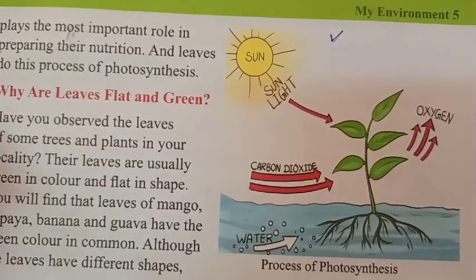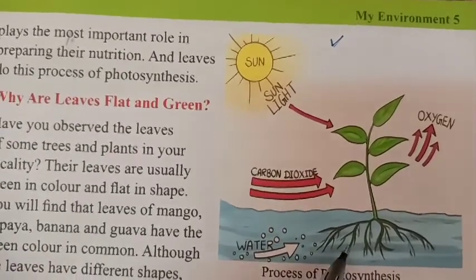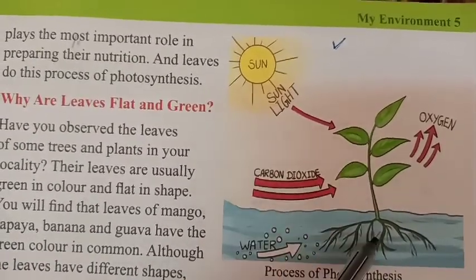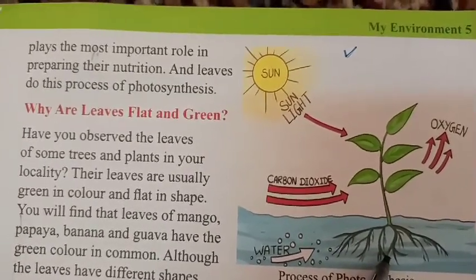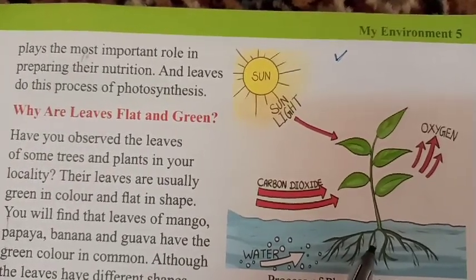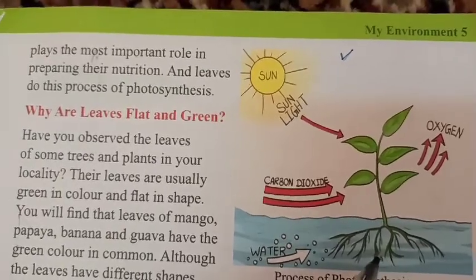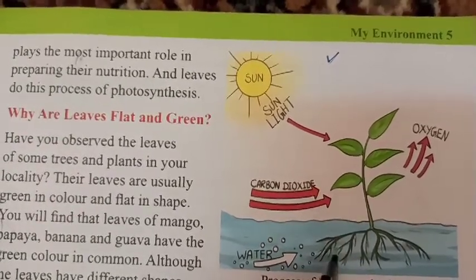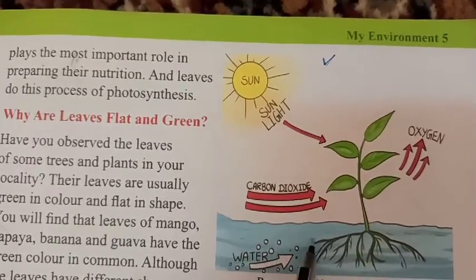Now children, see through this diagram which is given in your book. You can see here is a plant and these are the roots of the plant. And children, when the process of photosynthesis takes place, means during the food preparation, what does the plant do? These roots absorb water which is present in the soil.